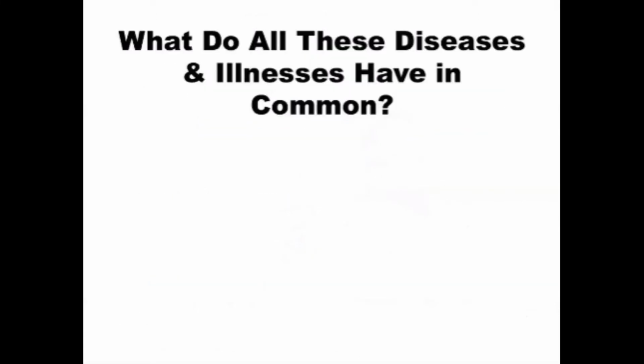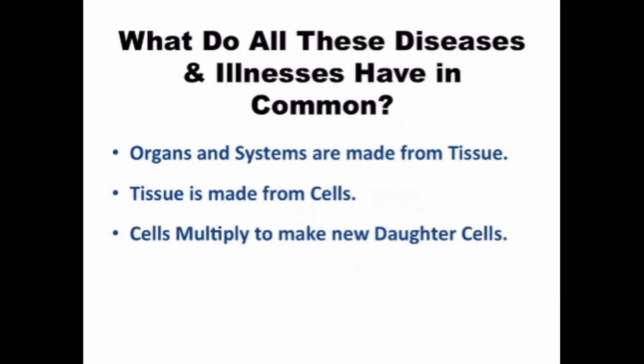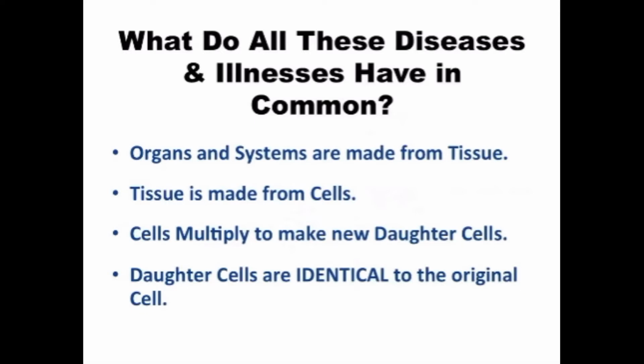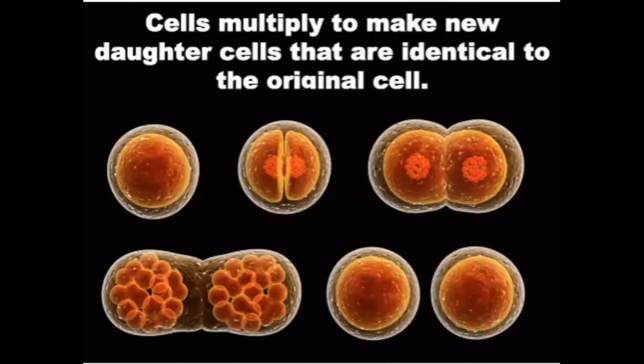And what do all of those diseases and illnesses have in common? They are all organ and glandular systems, and they are all made from tissues, and tissues are made from cells, and cells multiply to make new daughter cells, and daughter cells are identical to the original cell. And here's a great picture of tissue and a close-up of how that tissue is made from groups of cells.